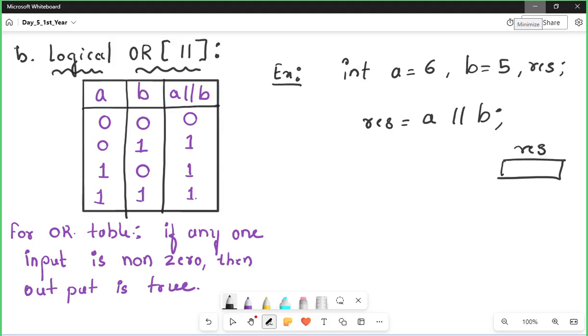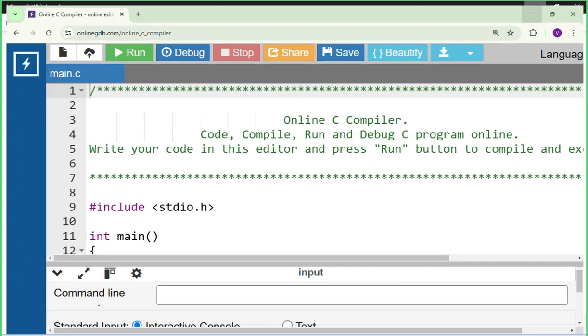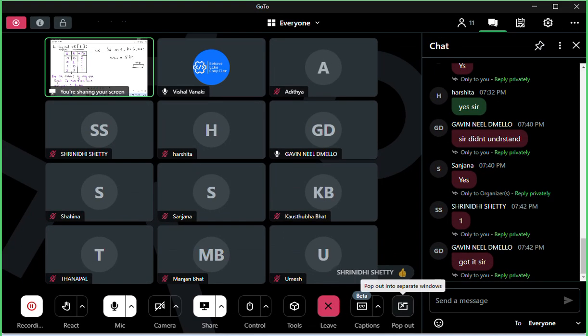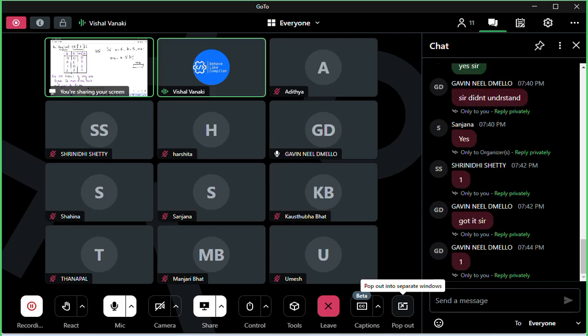Can you guys tell me what is the value stored in res? Non-zero logical OR of non-zero. Very good, Gavin. I'm sorry if I mispronounce anybody's name.